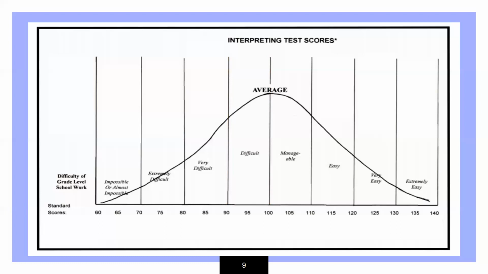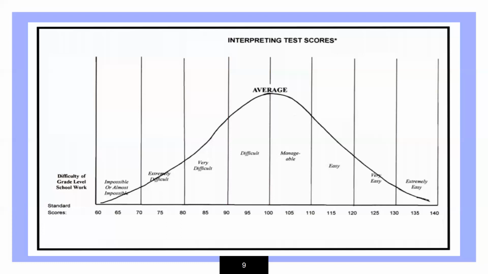All standardized tests are going to use the same scale, so it's important that we know how to interpret what these numbers mean when they're generated and given to you. Most of our educational and psychological testing actually use standard scores.